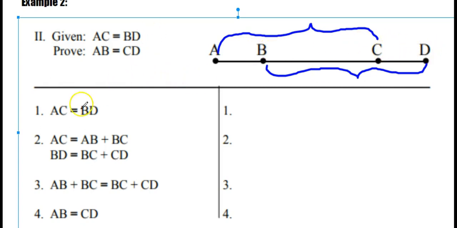Well, start off. AC equals BD. Well, this right here, that's our given. See, there it is. So we're going to say that is given. Now AC equals AB plus BC. And we also have here that BD equals BC plus CD.